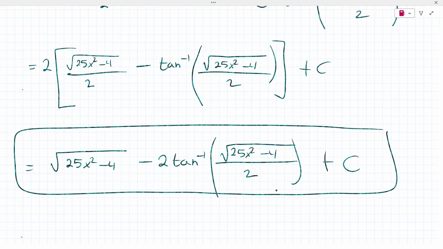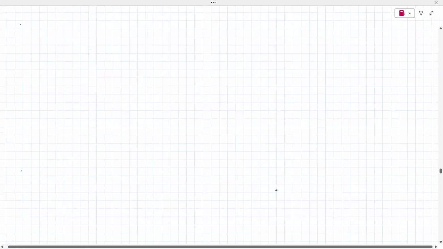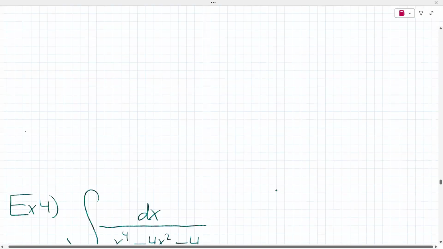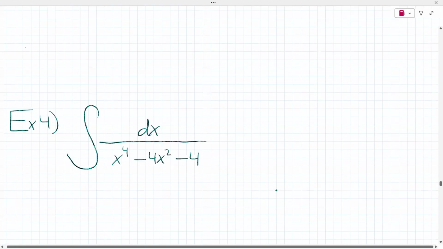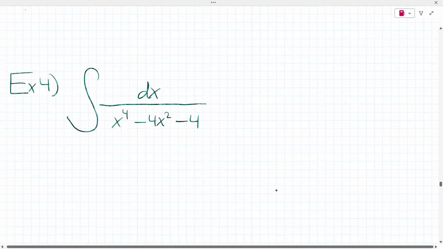Let's do one last one and then we'll call it a day for this lecture. Okay, so in example 4, we have this integral of dx over x fourth minus 4x squared minus 4. So what could we do? I don't see any identities now.